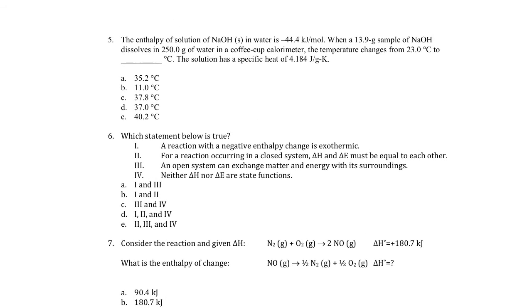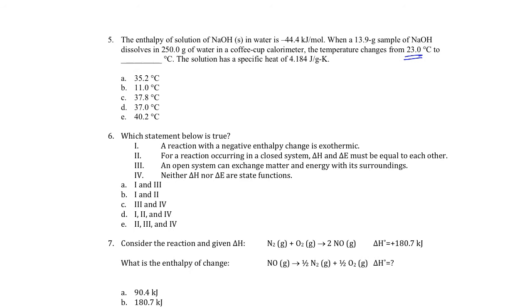Standard enthalpy of solution of sodium hydroxide in water is minus 44.4 kJ per mole. When a 13.9 gram sample dissolves into 250 grams of water in a coffee cup calorimeter, how much should the temperature increase by? We're assuming the specific heat of the solution is that of water.